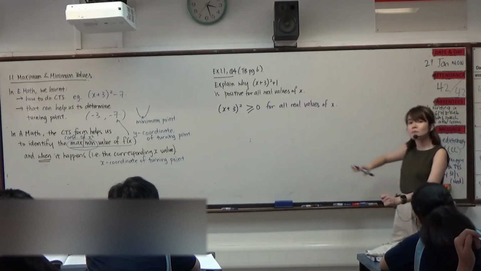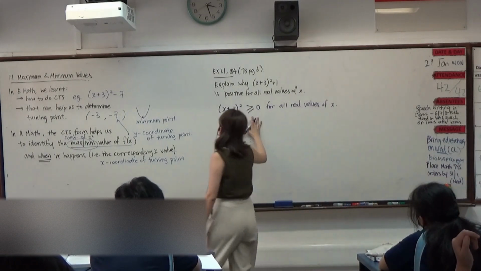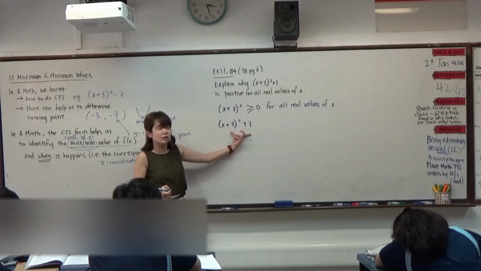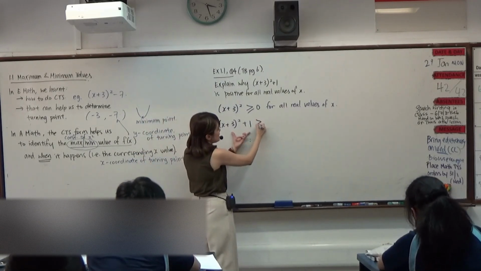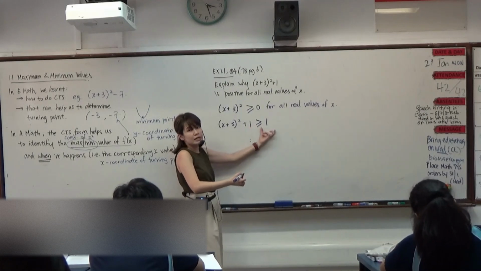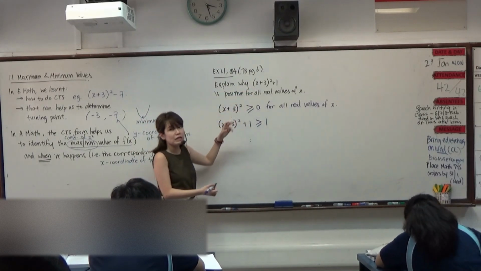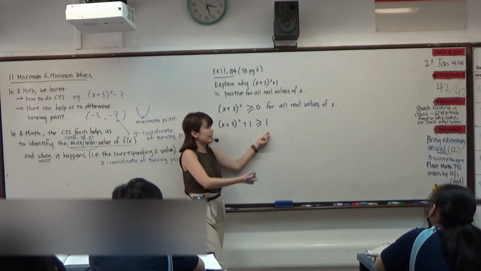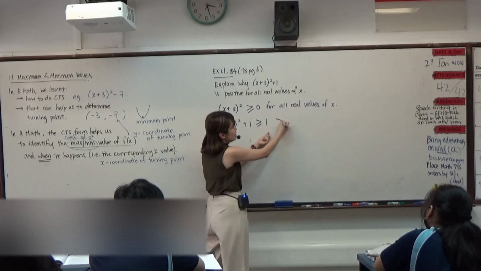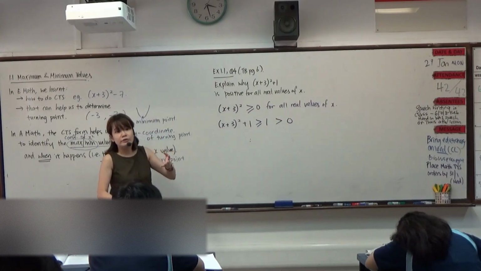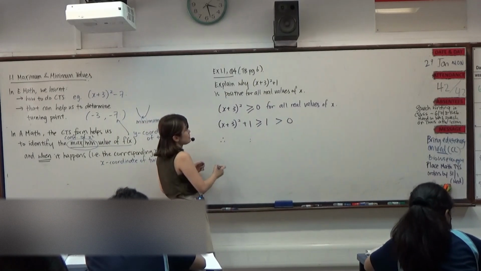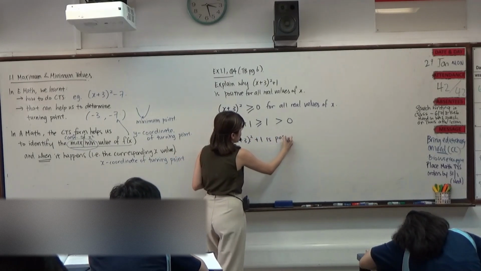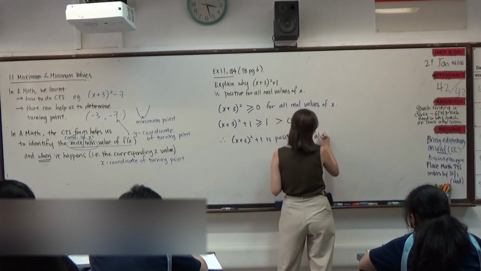So because it is always positive or equal to 0, based on how we deal with inequalities, we add 1 on both sides, and we get that this expression is always more than or equal to 1. We also agree that if it is more than or equal to 1, 1 is also greater than 0. Agree? So this explains why (x plus 3) squared plus 1 is positive for all real values of x.